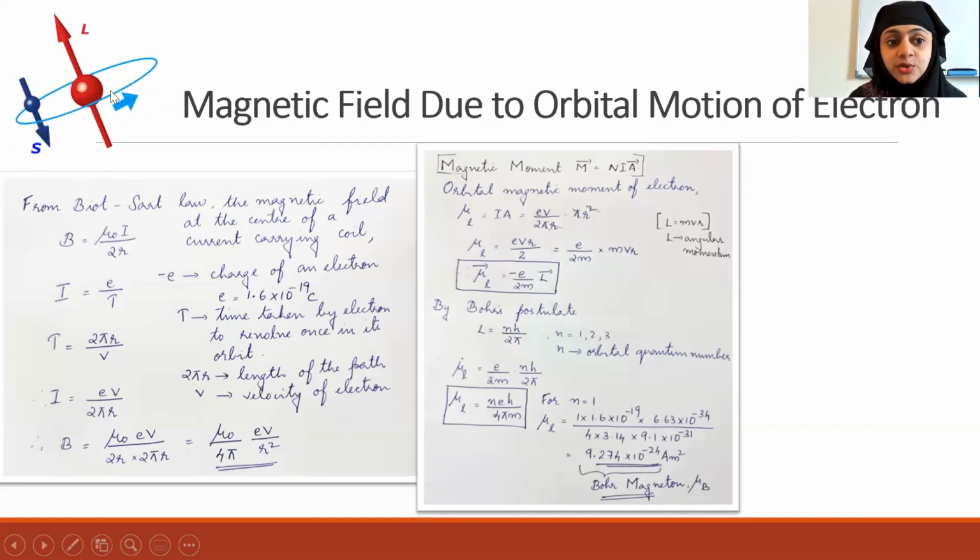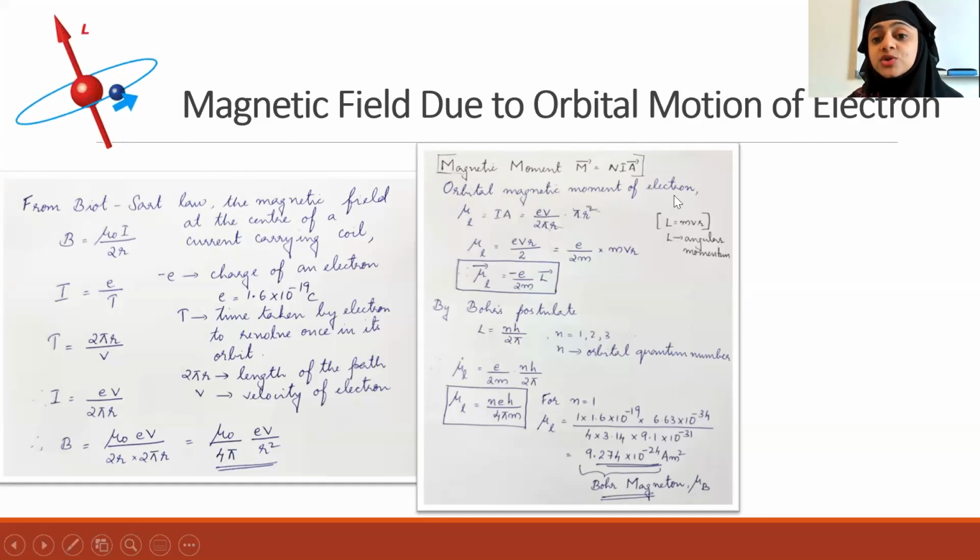Momentum is m into v, so the angular momentum will be equal to m into v into r, where r is the radius. So due to this orbital motion, the electron will have an orbital magnetic moment.